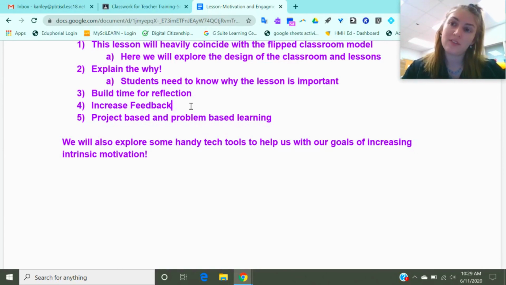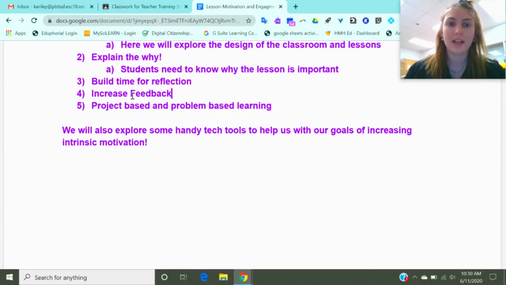But if you're structuring your lessons in a way that when students are working on their project or their schoolwork and you're there to help them, guide them, give them that feedback before they get the grade, that's going to motivate them a lot more than if they've just done something at home, they come and turn it in, you give them that grade and they're like, okay, well, I didn't understand X, Y, and Z, but I already got the grade, so what's the point? So having feedback throughout the process is really going to help with motivation.